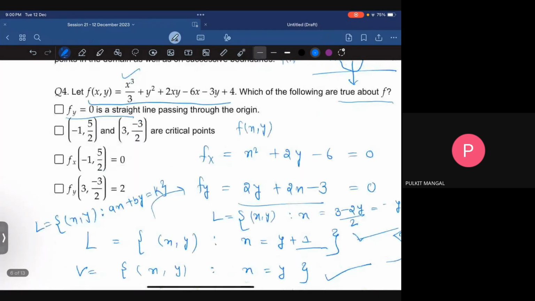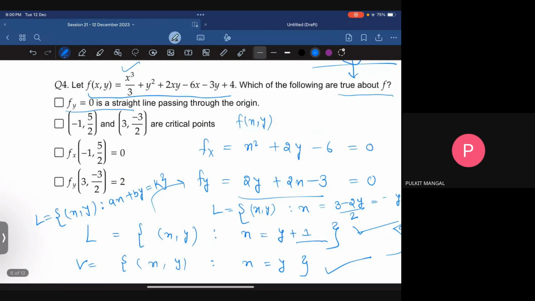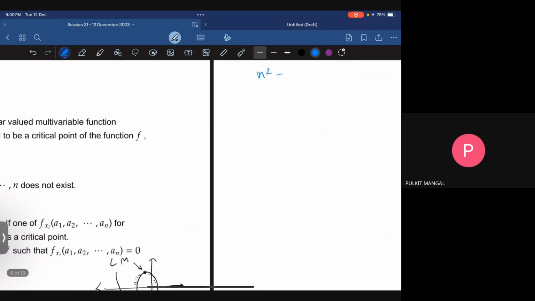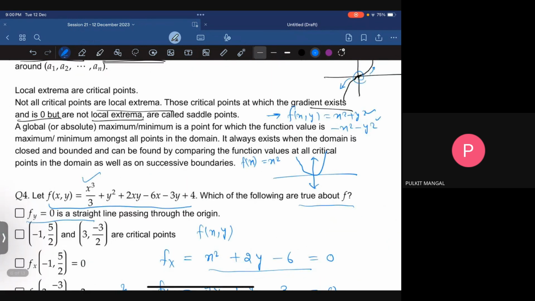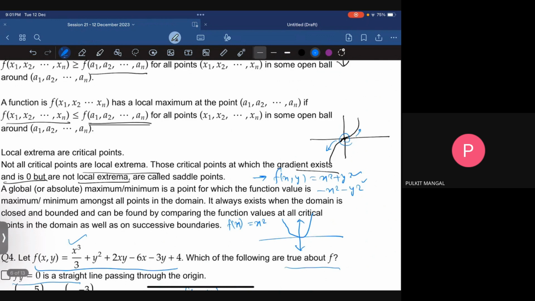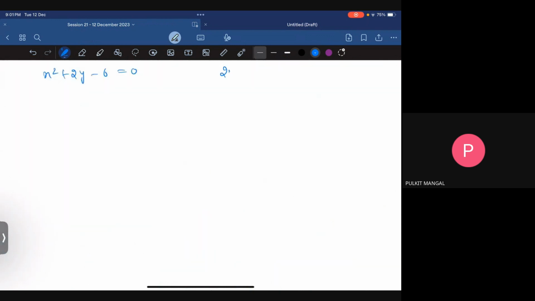So now we need to find the critical points. We need to equate my partial derivatives equal to 0. So I got x square plus 2y minus 6, and 2y plus 2x minus 3.